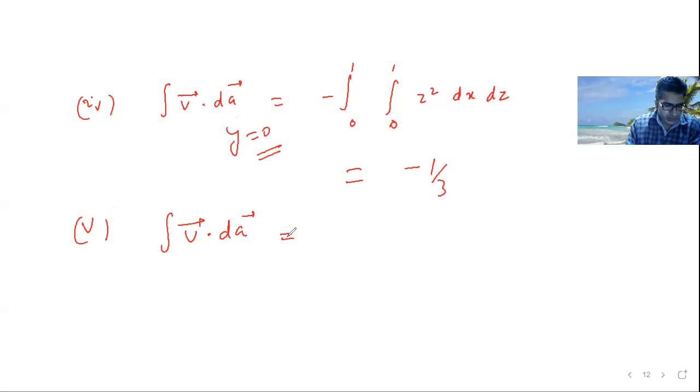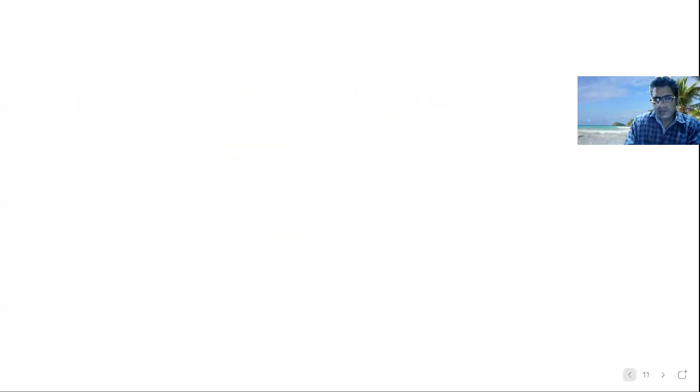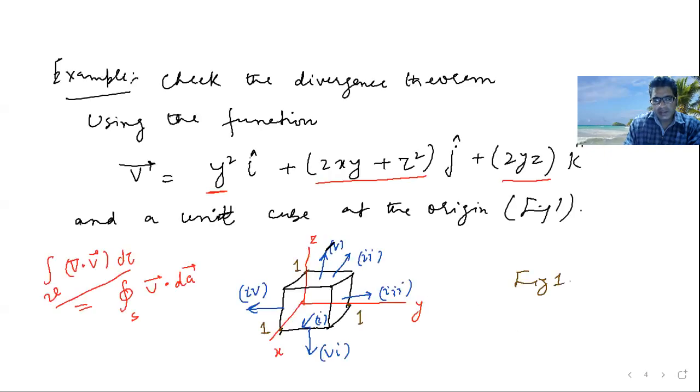Then the 5th piece is v dot dA. It will be 0 to 1, 0 to 1, 2yz dx dy. See how? Go to the figure. This is my 5th face.